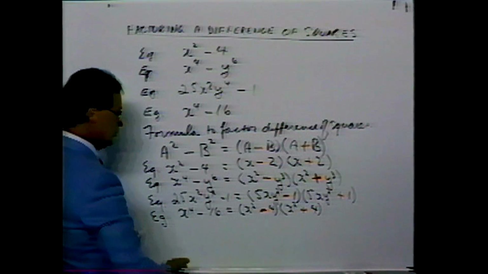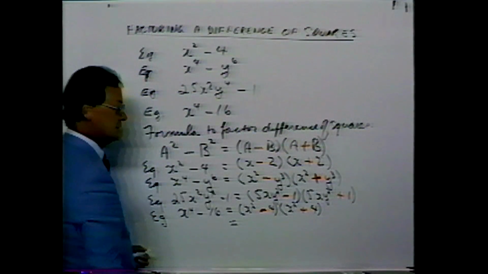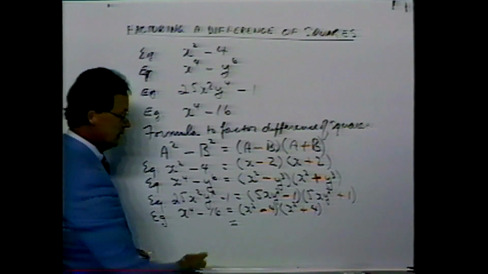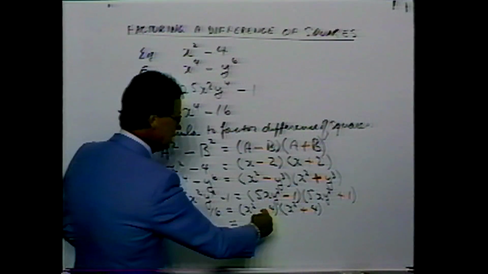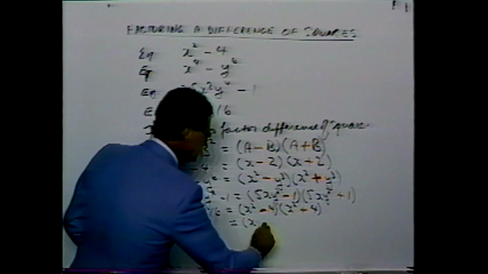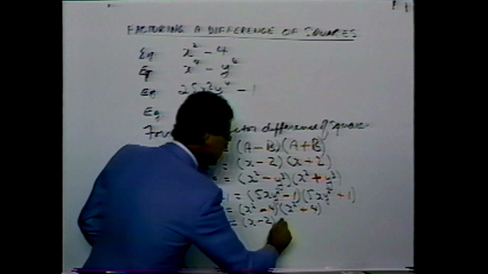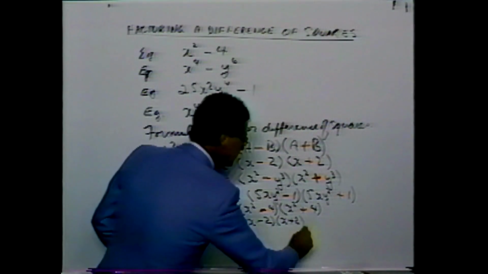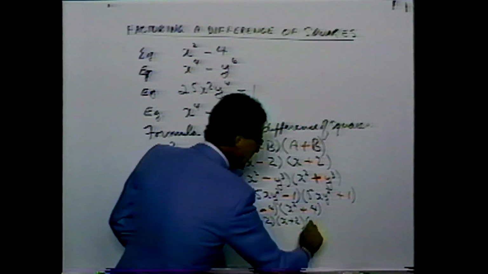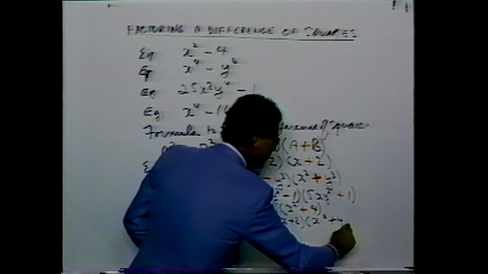So consequently, what we are saying is that this problem has not been finished yet. x squared minus 4 can be written as, I will ignore the color now, x minus 2 followed by x plus 2, followed by x squared plus 4.